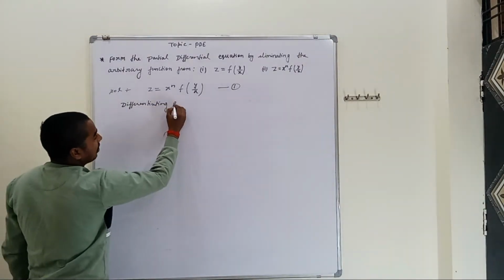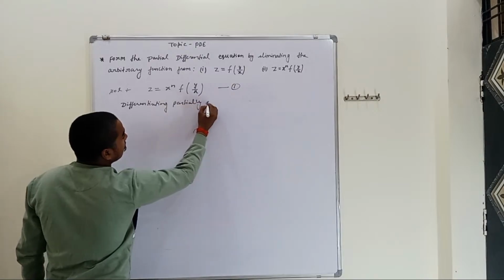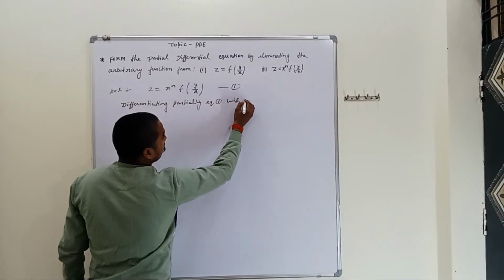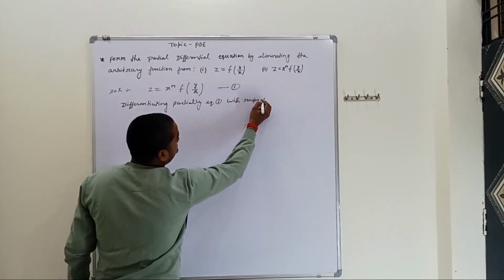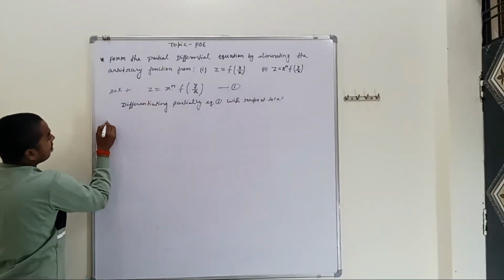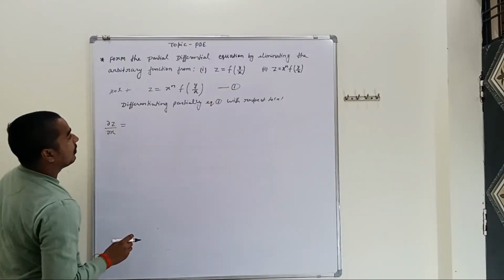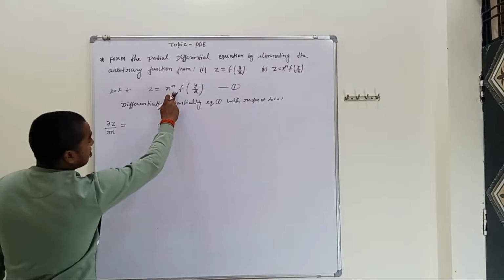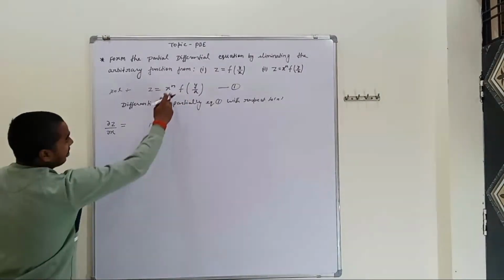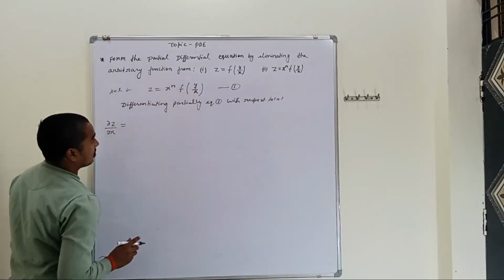Differentiating equation 1 partially with respect to x, we get del z upon del x. This is a product of two functions, taking x to the power n as the first function and f of y by x as the second function.